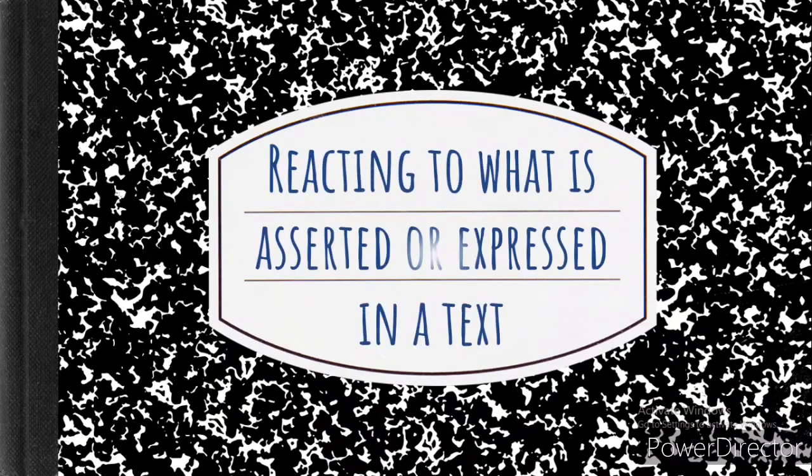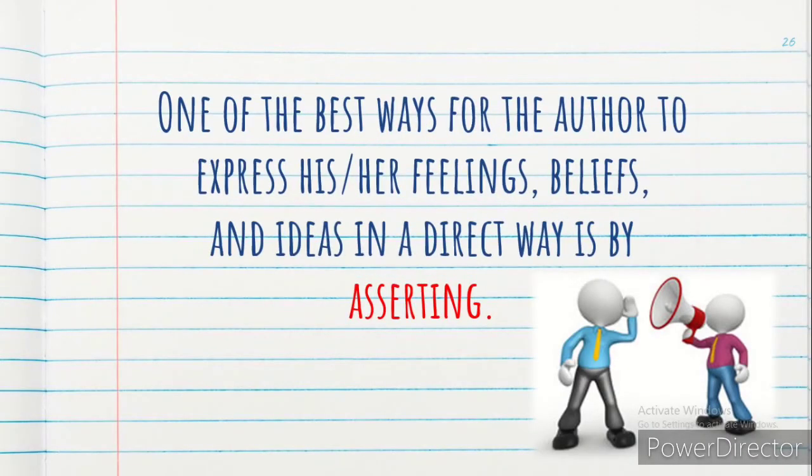Now, how do you react to what is asserted or expressed in a text? One of the best ways for the author to express his or her feelings, beliefs, and ideas in a direct way is by asserting.